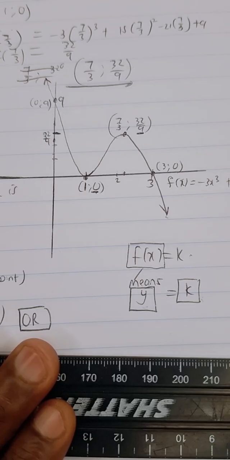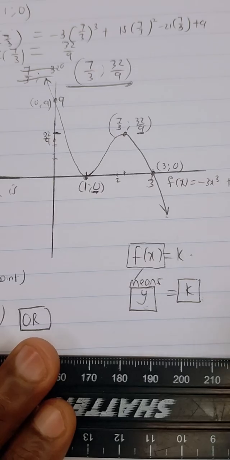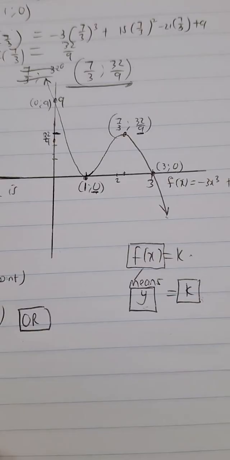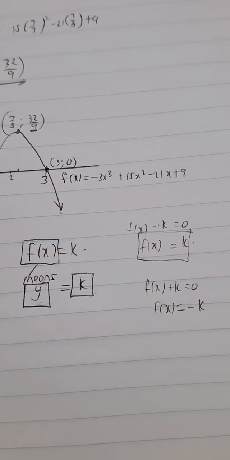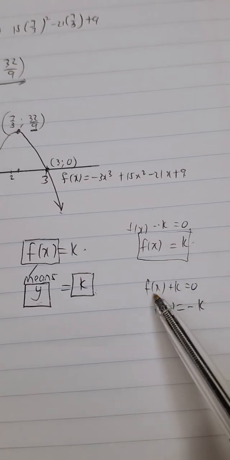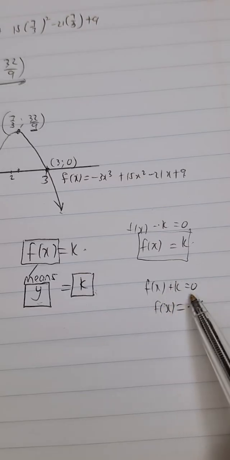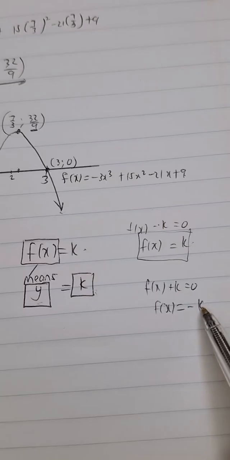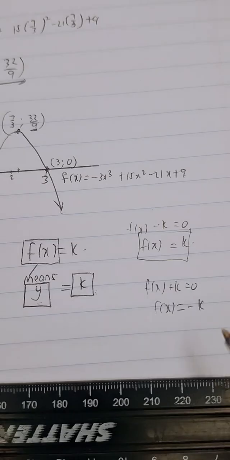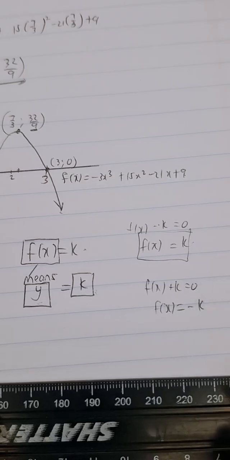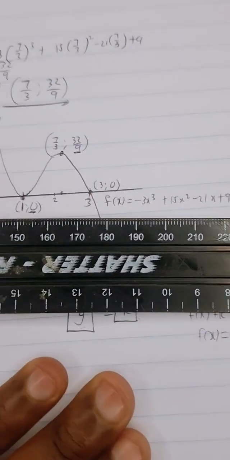If it had been f of x plus k is equal to 0, I would have transposed the positive k to the other side, and then I would have had it in my head that y is the same thing as negative k. But still, I compare my y values.